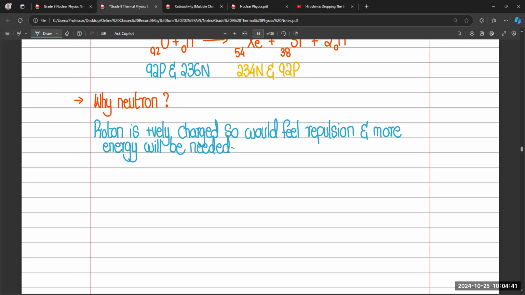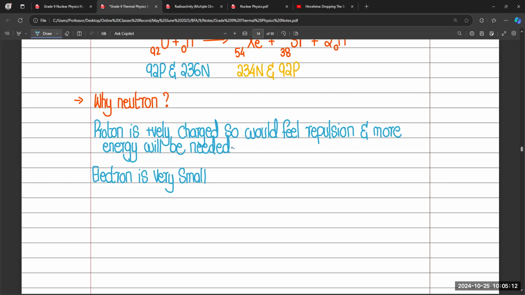And if we consider electron, the problem is that electron is small in size and that electron is not enough to create more instability, right? Because we add neutron to increase more instability, right?